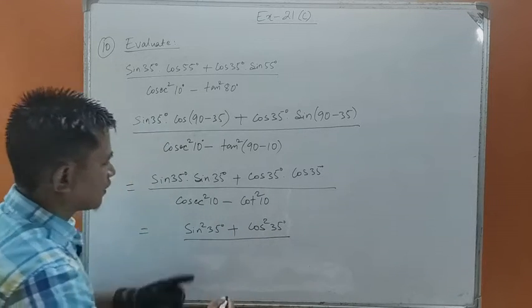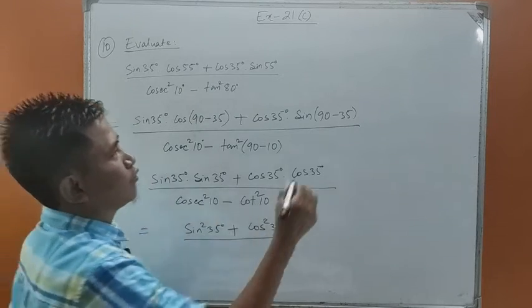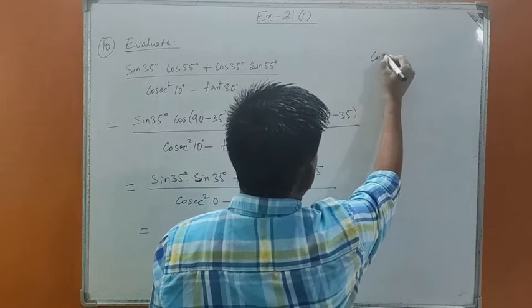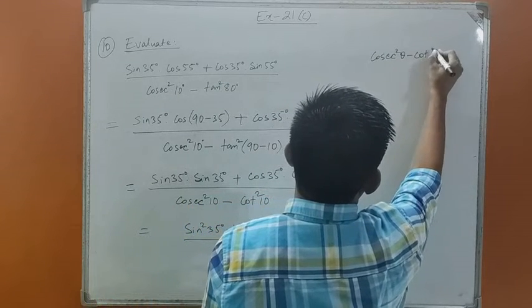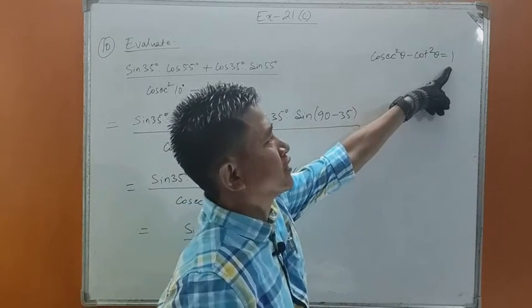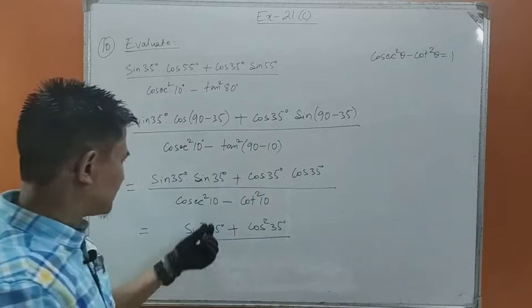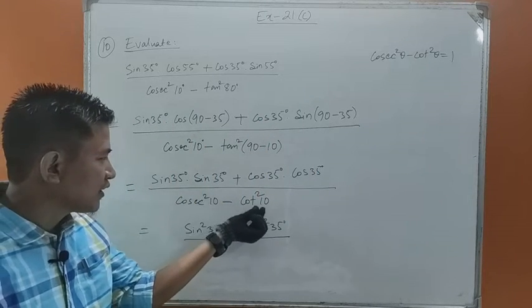In the denominator we have cosec square theta minus cot square theta. We know the formula, cosec square theta minus cot square theta means 1, isn't it? So here theta is 10. Please remember, the angle should be same.